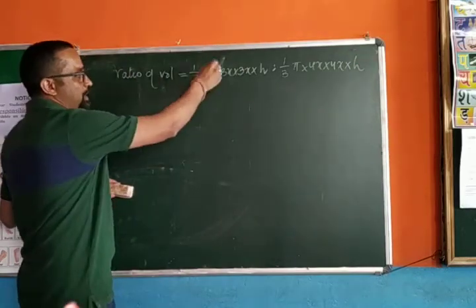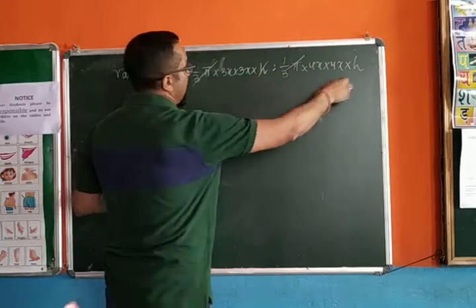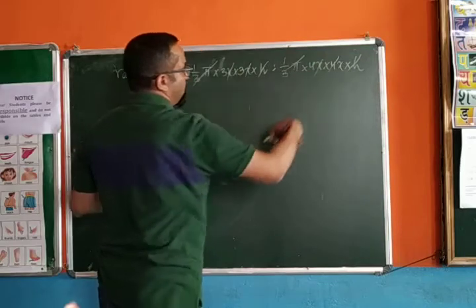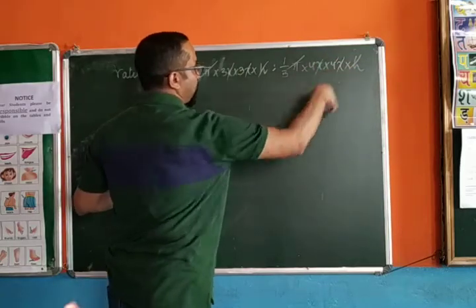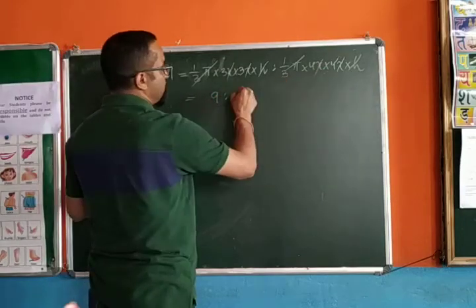You can cancel now. 1/3 pi cancels. Height cancels. Variables you can cancel. Multiply it. 3 multiplied by 3 is 9 is to 16.